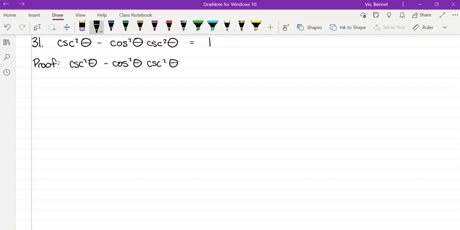First way to do it, I think, is maybe the simplest. I'm going to leave that first term as cosecant squared. And over here, I'm going to change this cosecant squared to be 1 over sine squared. That would be a reciprocal property there, so I'll justify that step.